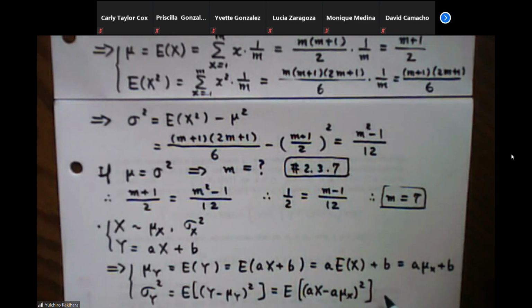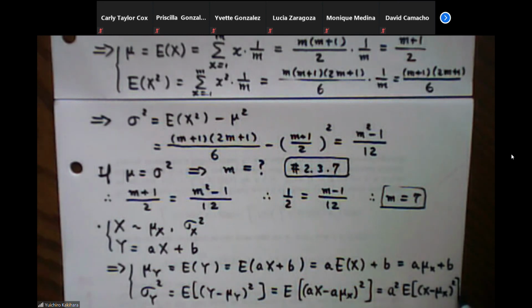Do you agree? We can factor out a squared, times (x minus mu sub x) squared. So a squared comes out, a squared times the expectation of (x minus mu x) squared.